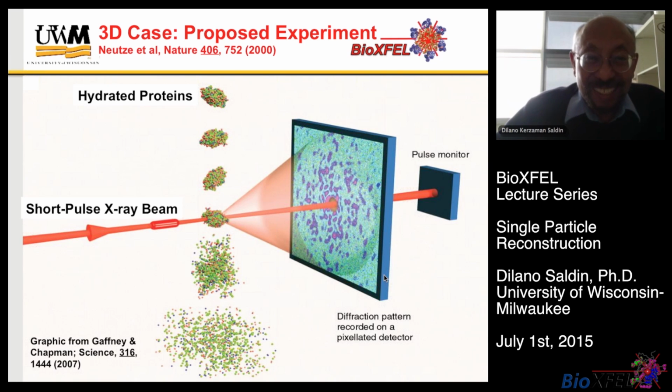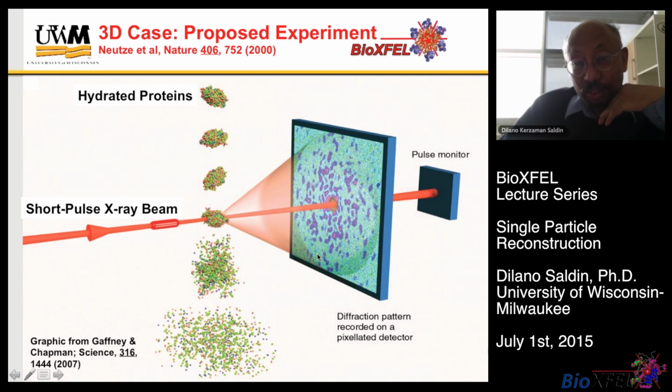Now, in case you think that this is only applicable in this lower dimension, I want to show you that it is actually applicable to higher dimensions also. Now, this is a typical experiment that is performed at an XFEL. We have an X-ray beam from an XFEL intersecting a particle beam, where the particles are in random orientations.